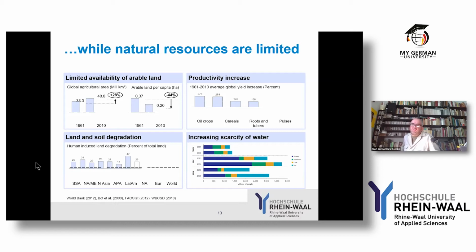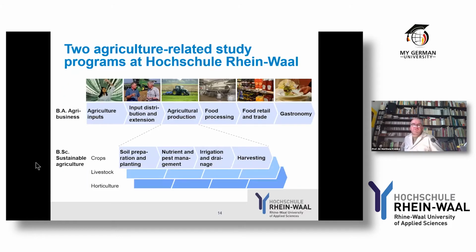And this is what we are trying to offer, the ability to face these challenges, and also to find answers for future solutions with our 2 study courses I would like to come to right now.